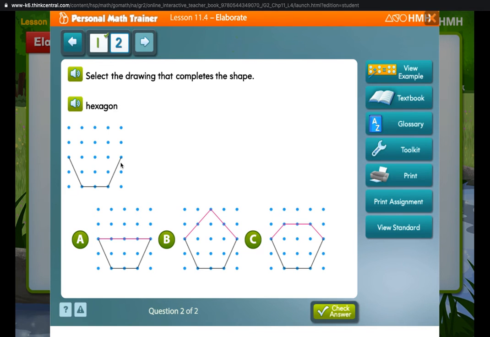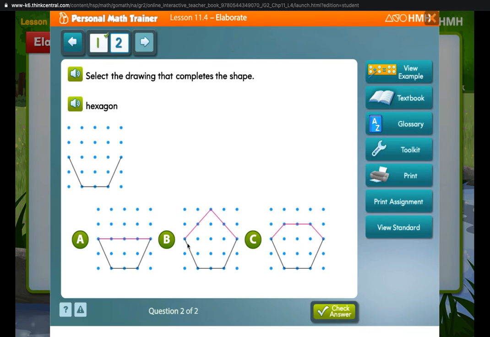So I think what they want us to do is look for the pink one. If we pick this one, then the hexagon would only have one, two, three, four, and we know that a shape with four sides is a quadrilateral. So this one wouldn't work. So let's try this one.